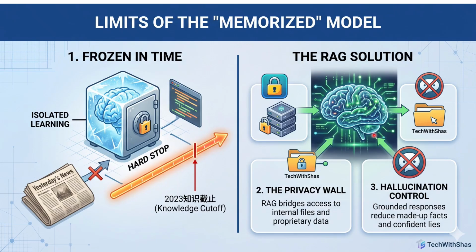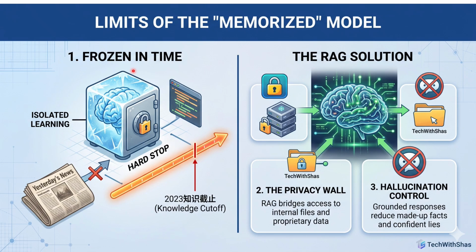Now let's understand why the tech industry is completely obsessed with RAG. We have to look at the three fatal flaws of a raw LLM. First, they are frozen in time. Training a frontier foundation model costs millions of dollars and takes months.